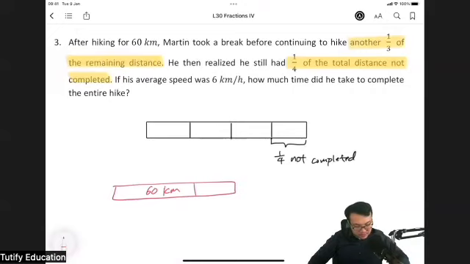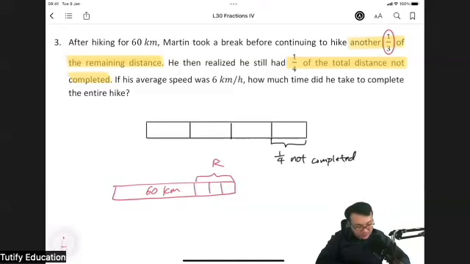kilometers you hiked. Can I say that this is the remainder, Kevin? Yes or no? Yes. Now they are telling you 1/3, 1/3 of the remainder. So I must divide the remainder into how many units? 3. Yes, 3 units.